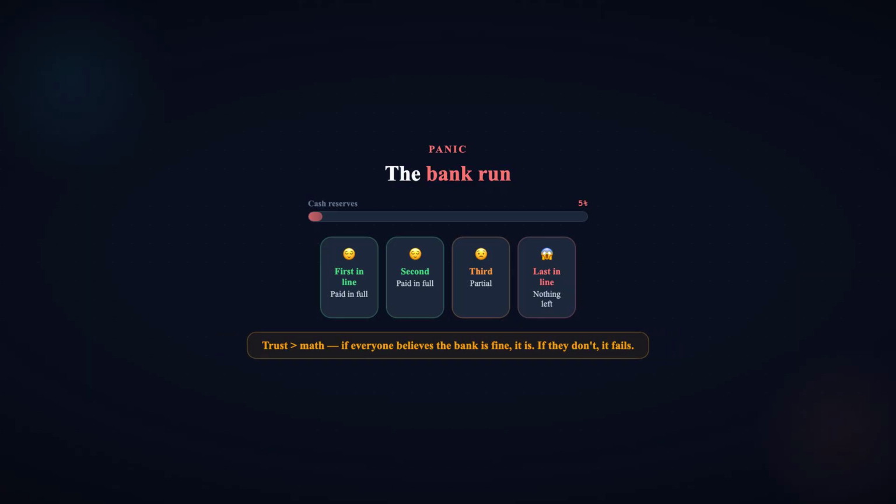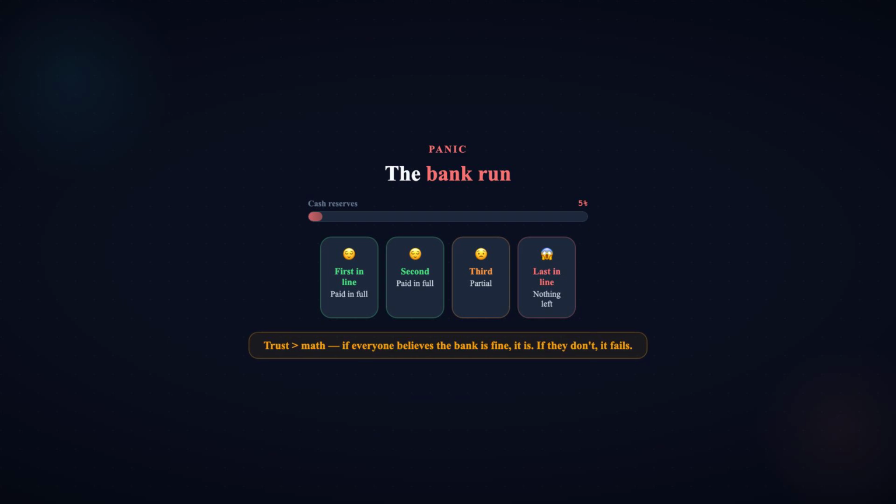It could sell assets, call in loans, borrow from other banks. But bank runs are not orderly. They are panics. Everyone tries to get their money at the same time. And the bank, which by design holds only a fraction of deposits as cash, literally runs out. The first depositors in line get their money. The last ones do not.